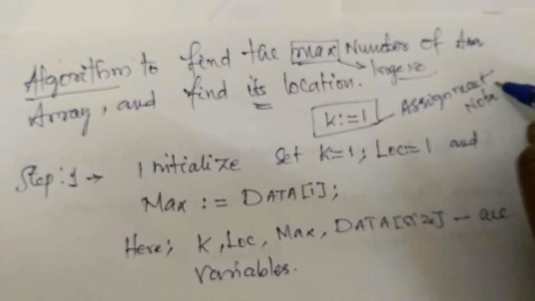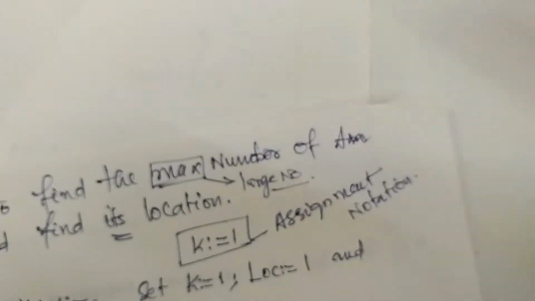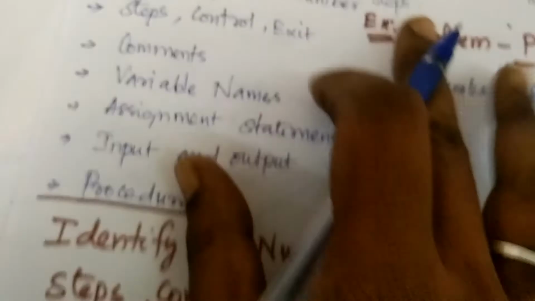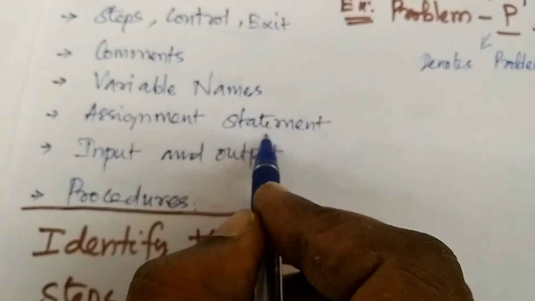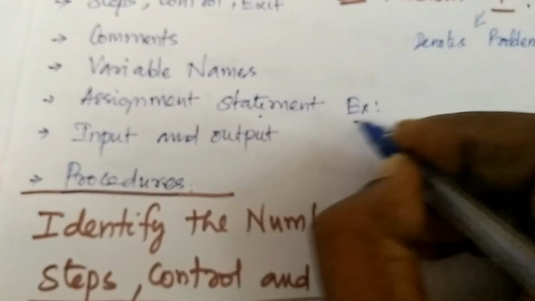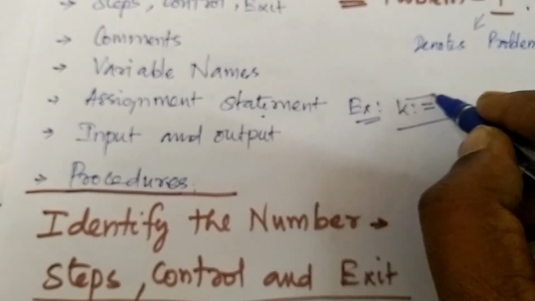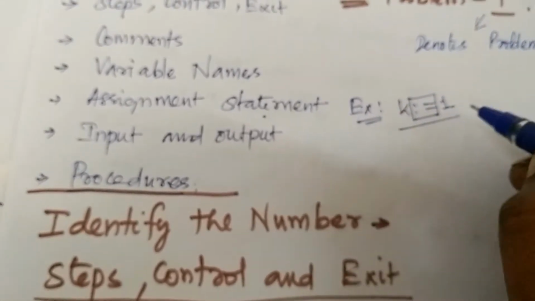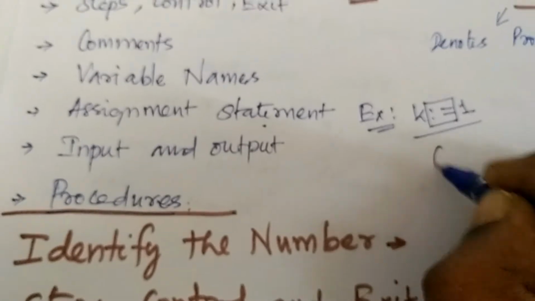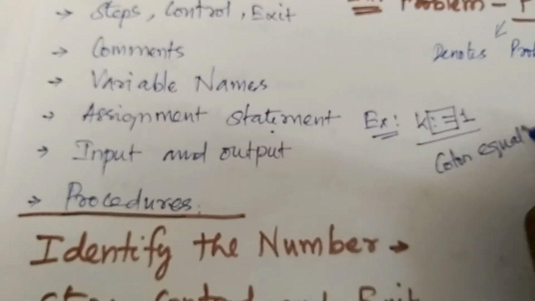There is a list of notations, such as the assignment statement. As an example, K := 1 is different from the normal equal to: a colon followed by the equal to symbol.